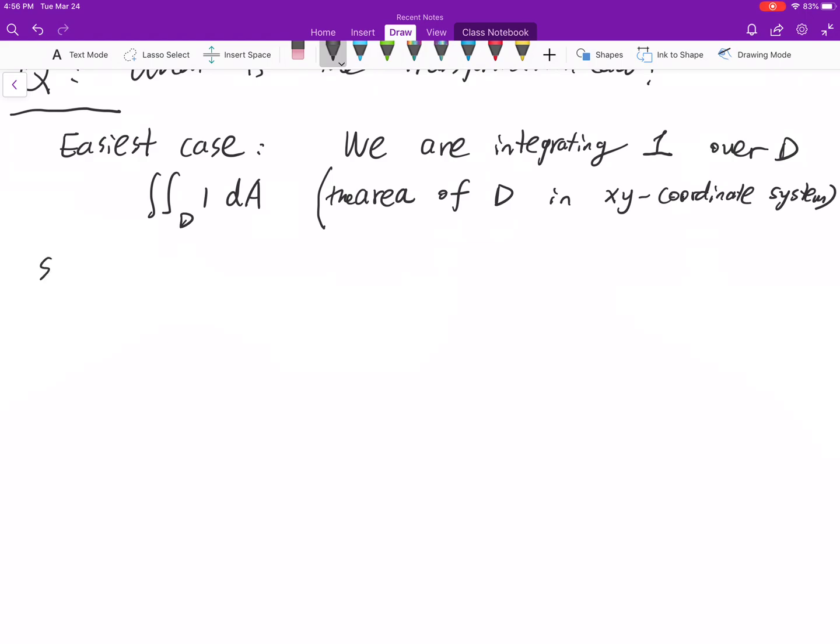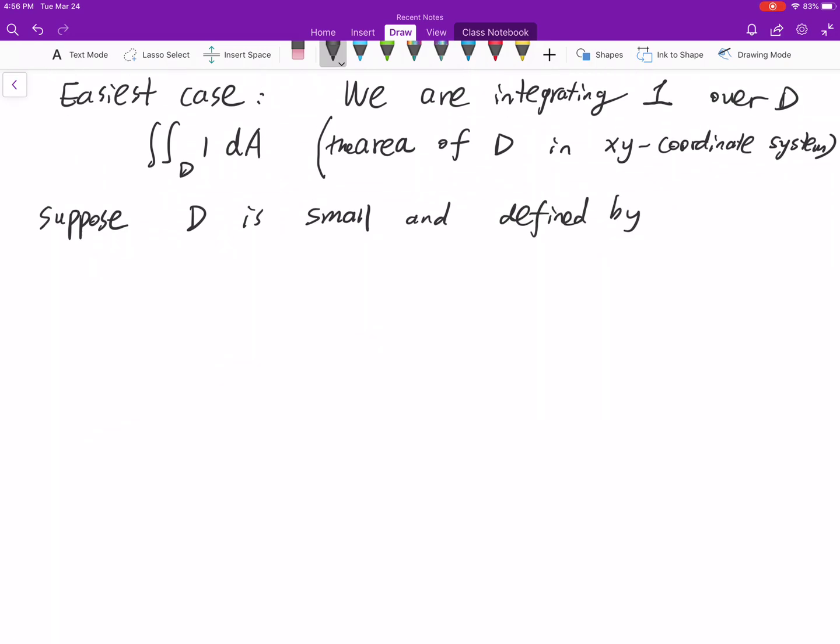Okay, now suppose D is small and defined by the following data.